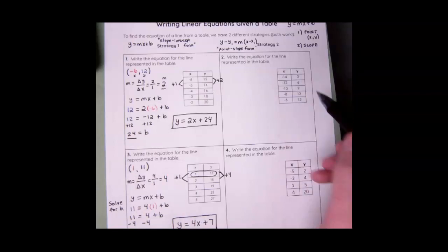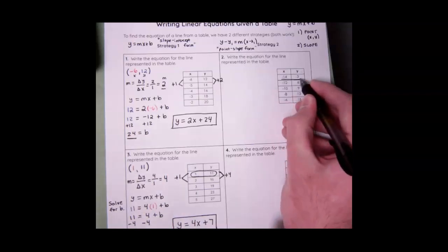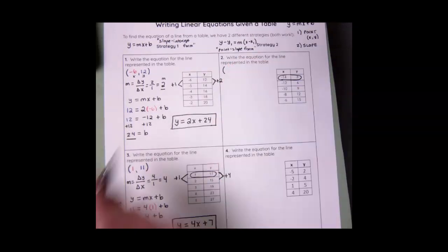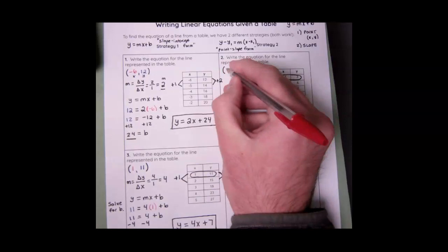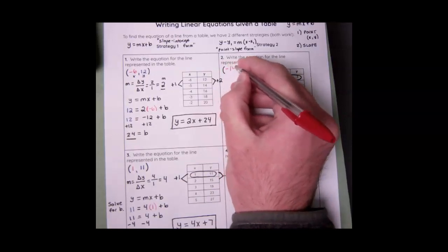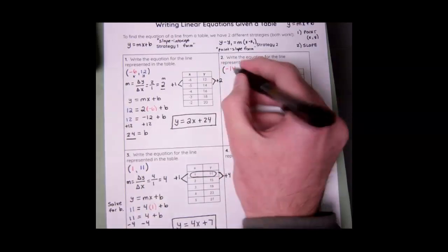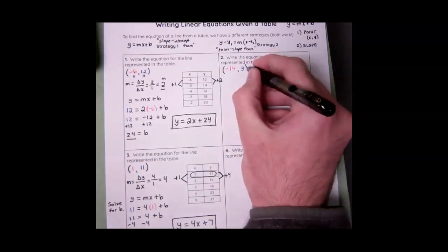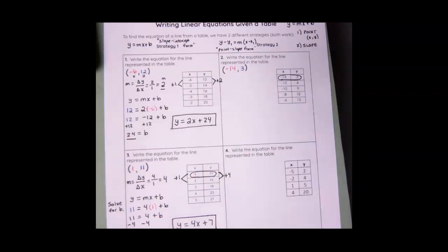right? So my point, let's pick this first one. Negative 14, 3. So my point is going to be, just like before, negative 14 is my x value, comma, 3 for my y value. Okay?